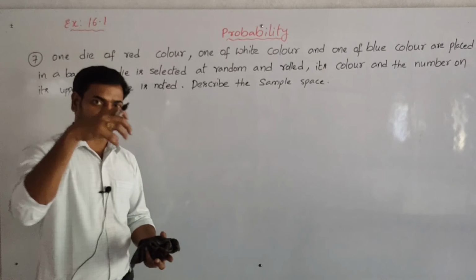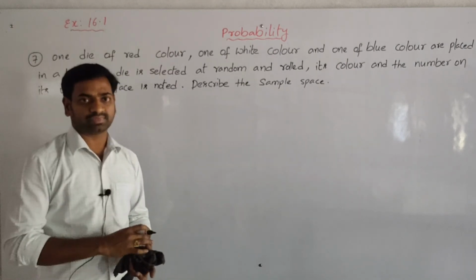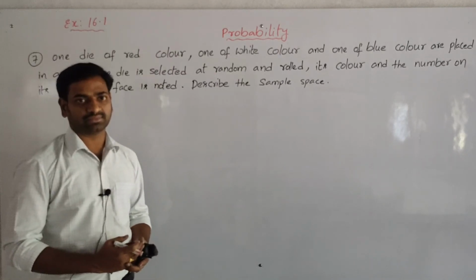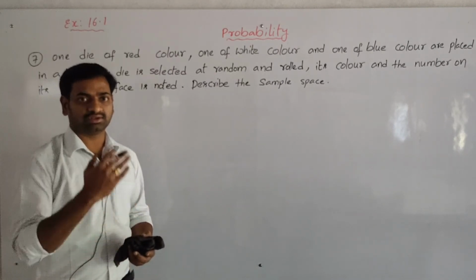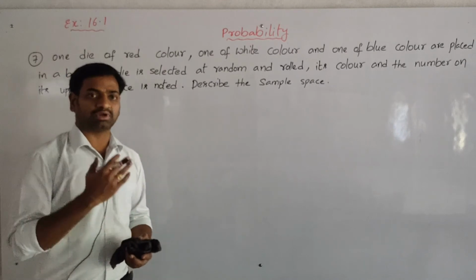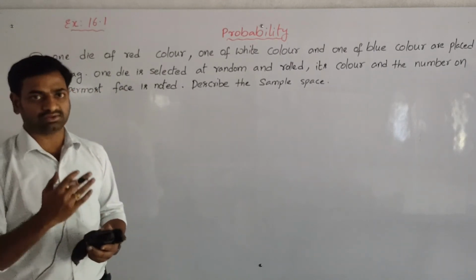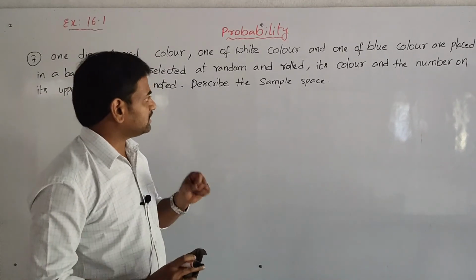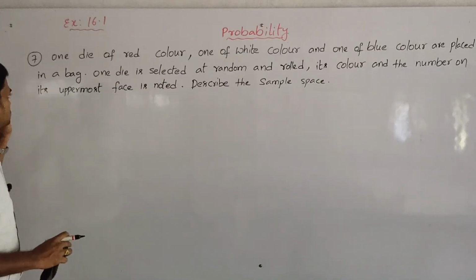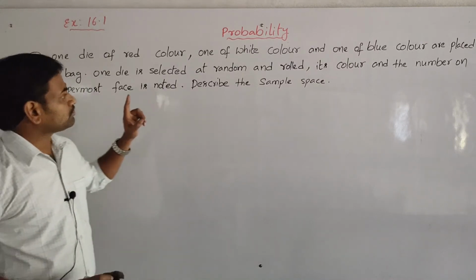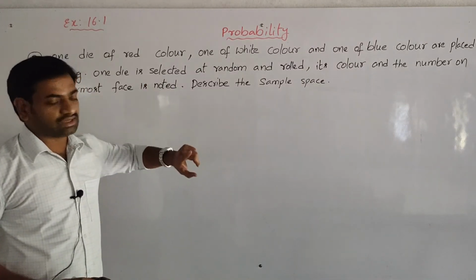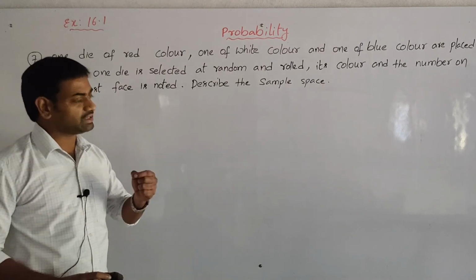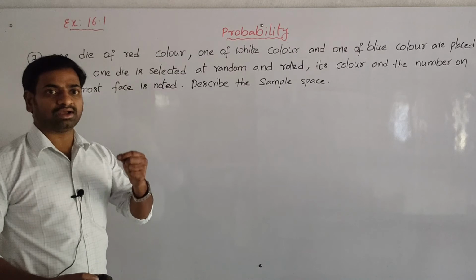Randomly he is taking one die, he is throwing the die. If you throw any die, the number of faces is 6 only. So the number of possibilities is 6, that is 1, 2, 3, 4, 5, 6. So here he is noting the color and the number. First he is noting the color, later the number on the die.